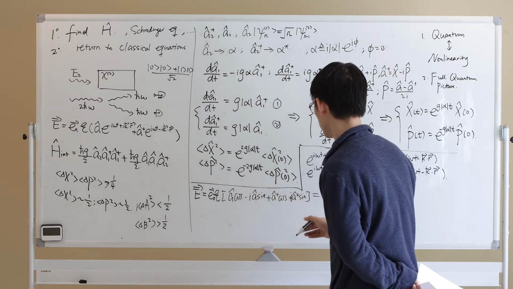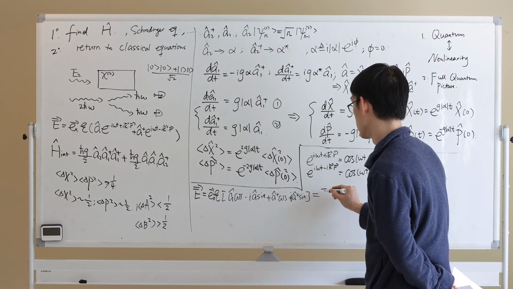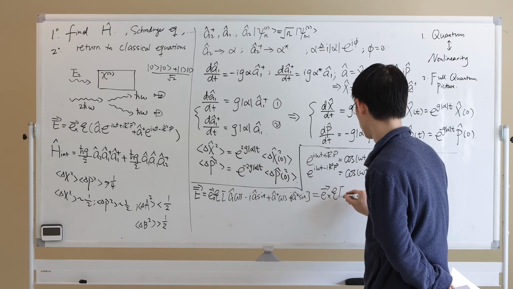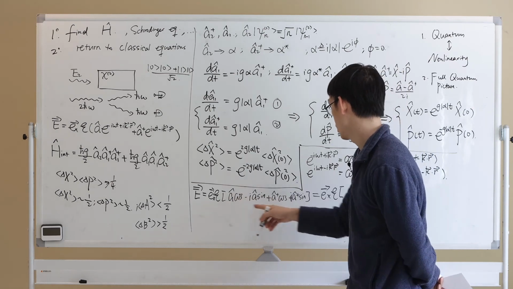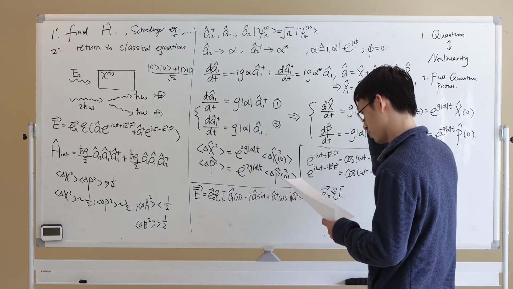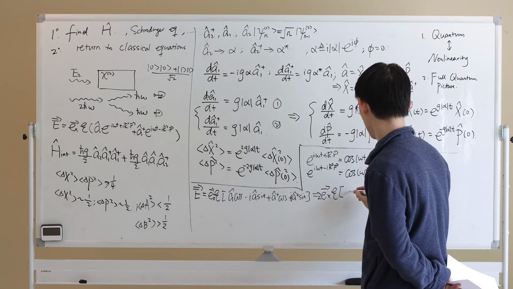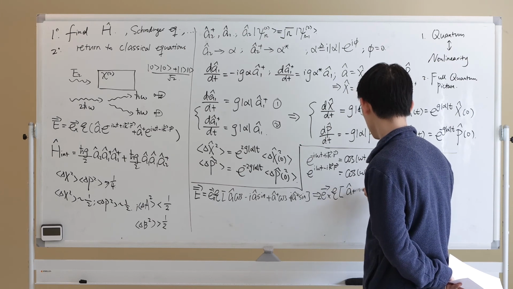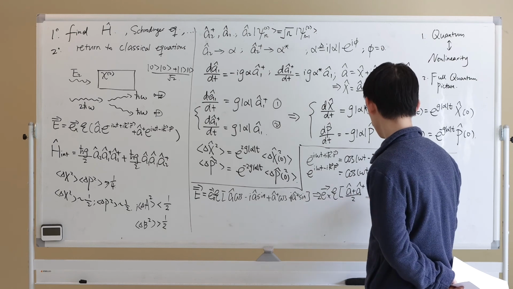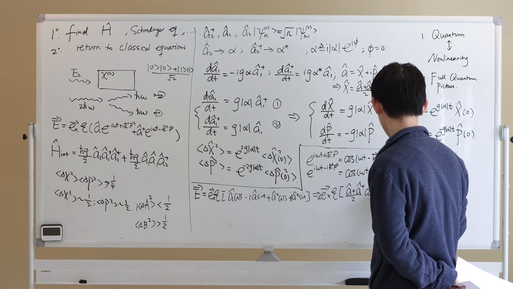Now you can collect A and A dagger together. So it's E epsilon, and let's put a 2 here. So you have A plus A dagger divided by 2, because we put a 2 here, times cosine omega t minus KR.